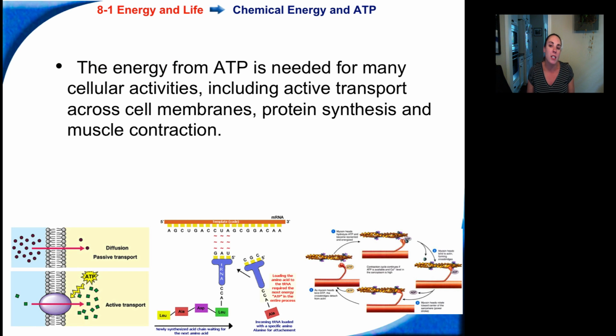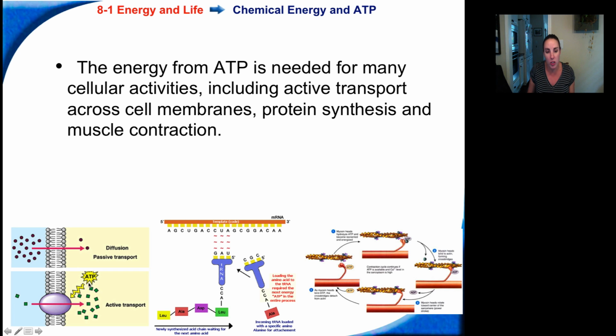The energy from ATP is needed for many cellular activities, including active transport across cell membranes, which we talked about in chapter 7, protein synthesis, and muscle contraction. Diffusion is passive transport. Remember, it requires no energy. But if we want to move molecules against a concentration difference, we need this ATP molecule.